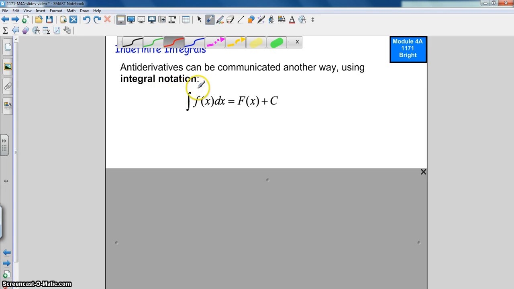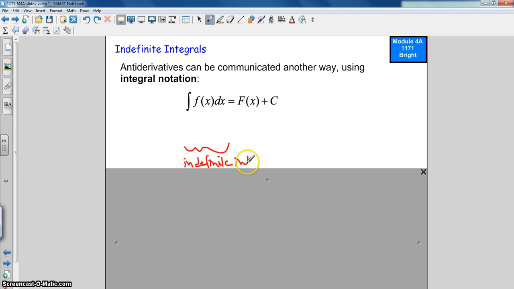Introducing this notation, this whole thing we call the indefinite integral. Within this there are a couple of different pieces.